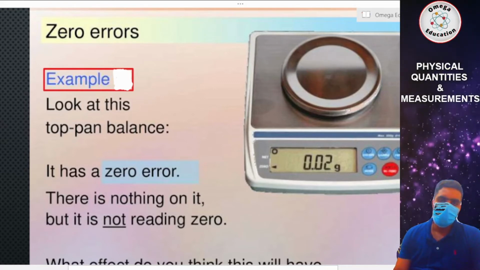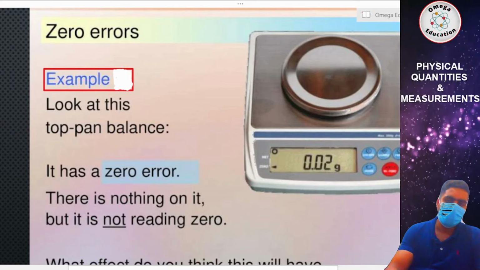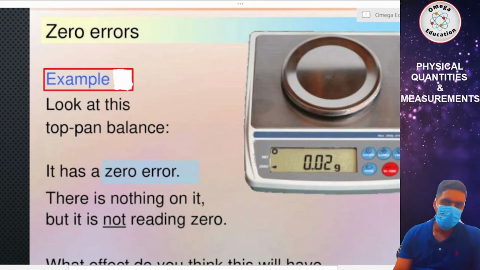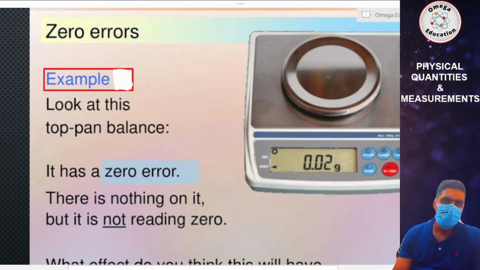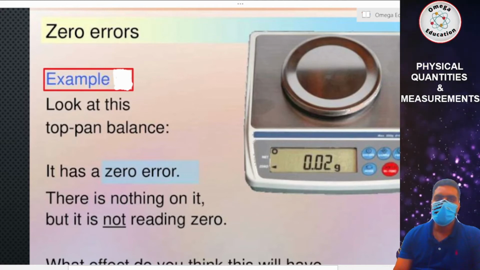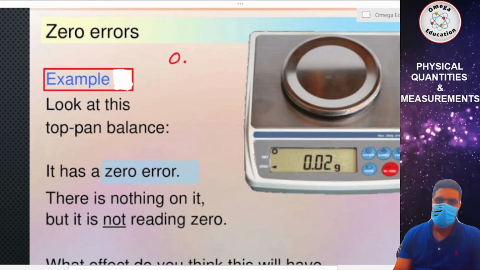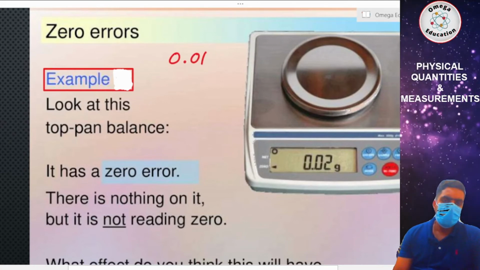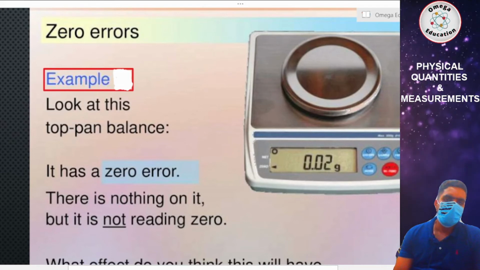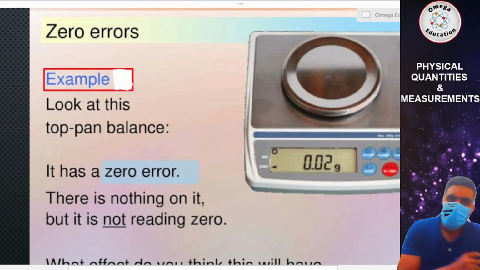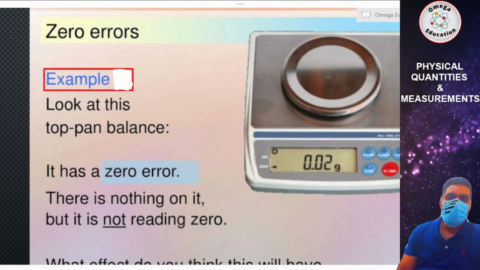Or when you go to the petrol pump, gas station, and before they start putting the fuel in, we need to ensure that the meter starts from zero, right? If it is not starting from zero, if there is some number already, or even let's say 0.01, then that means the reading is not starting from zero, and the quantity that you're getting would be measured inaccurately.